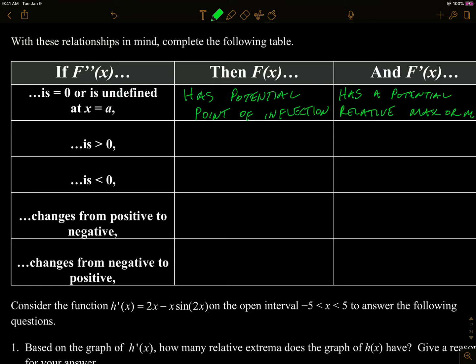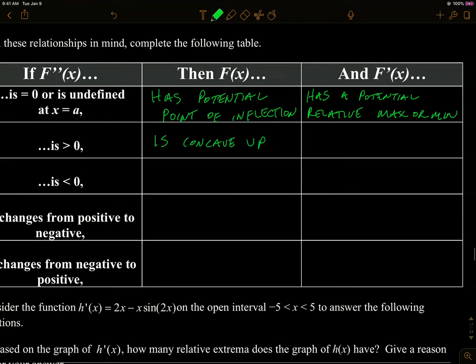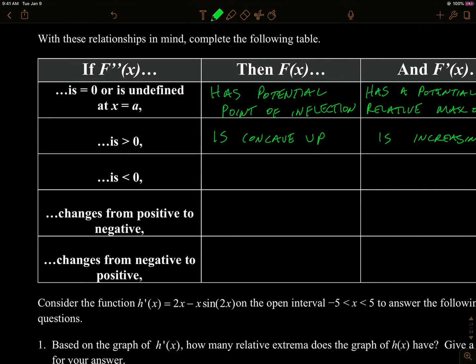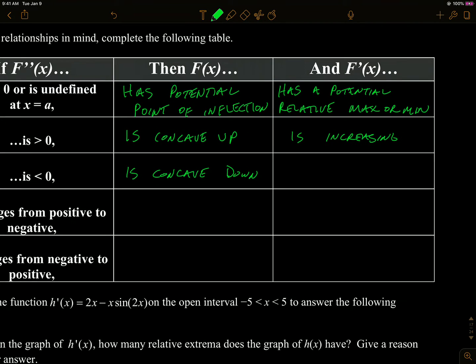If the second derivative is positive, we know about the original, to review, f is concave up. But what does it mean about the first derivative? If the second derivative is positive, then that means the first derivative is increasing. And if the second derivative is negative, the original graph is concave down, but what it means about the first derivative is that it must be decreasing.